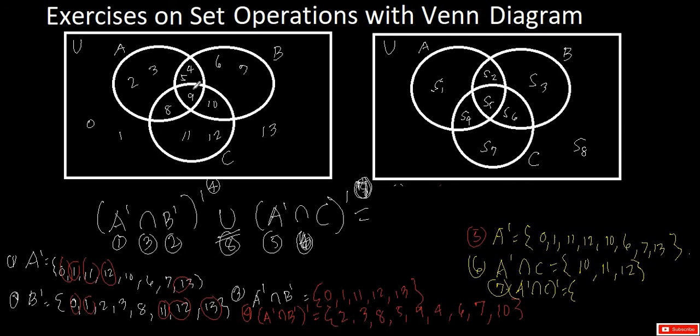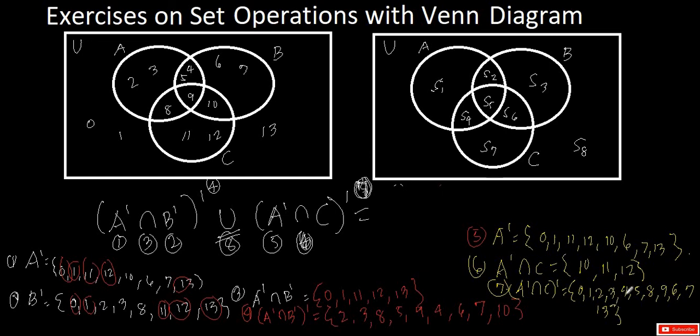Okay, these are all the elements of the universal set except 10, 11, and 12. So we have here 0, 1, 2, 3, 4, 5, 8, 9, 6, 7, and 13.